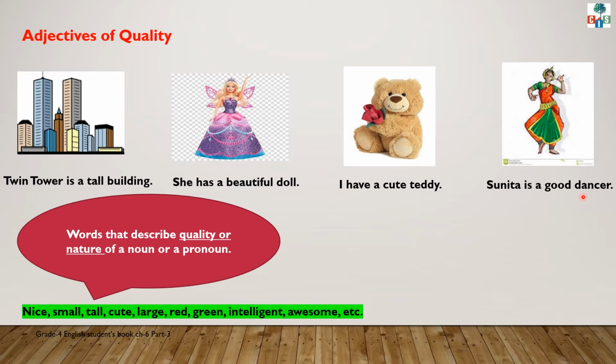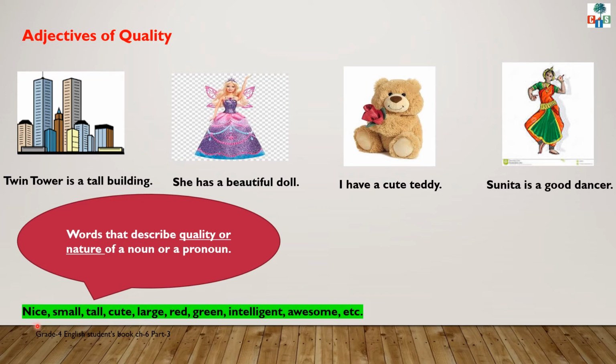Sunita is a good dancer. What is the noun? Dancer. And before this noun, I have used a word, good. So, in this sentence, good is an adjective of quality. So, what is an adjective of quality, children? Words that describe the quality or nature of a noun or a pronoun are called adjectives of quality.